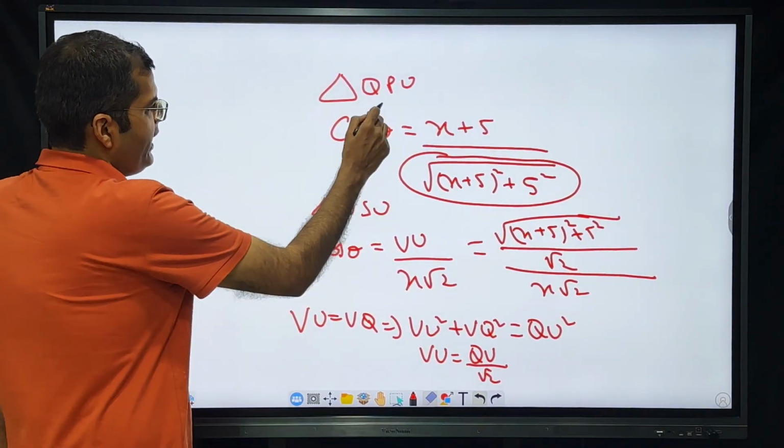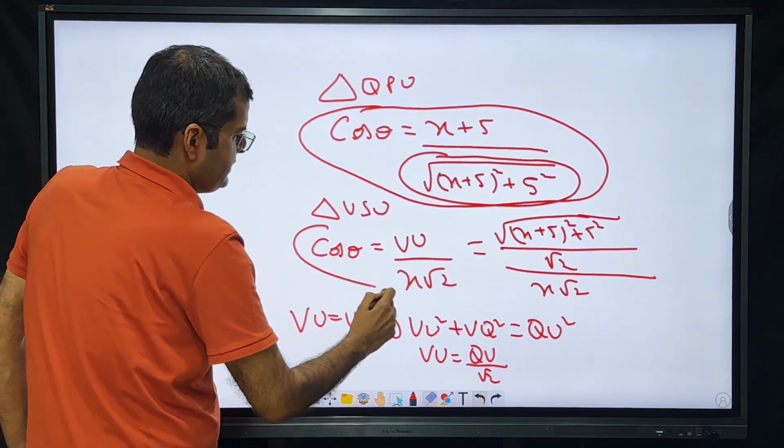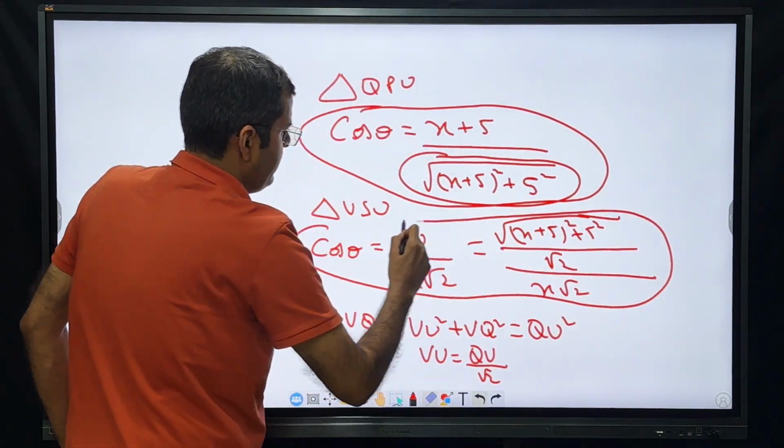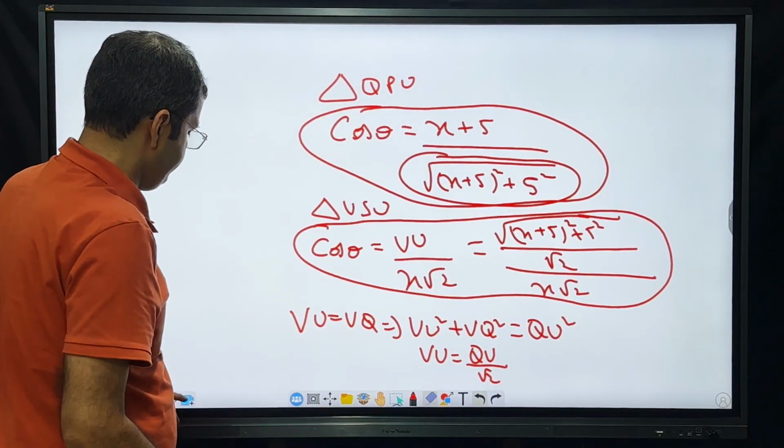So I have one value of cos theta from here, and another value of cos theta from here. I can equate both of them to find x and x square.